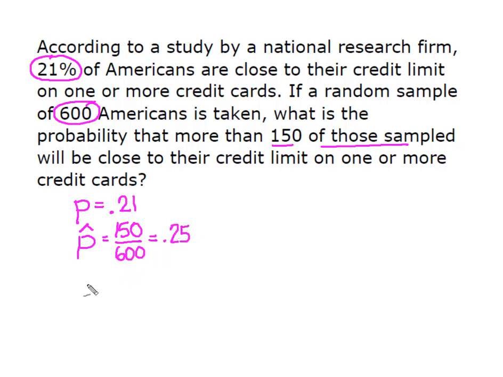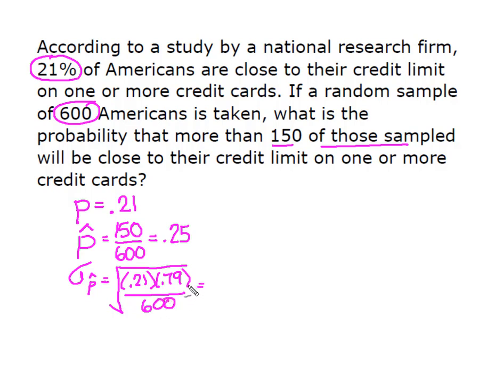The other thing that Excel is going to want is a standard deviation. So I've got to calculate the standard deviation of P hat, and I do that by taking the square root of P times Q. Remember, Q is simply 1 minus P, divided by 600, which is my sample size.